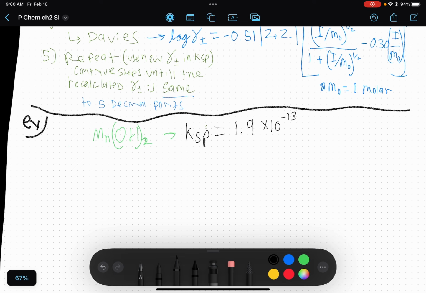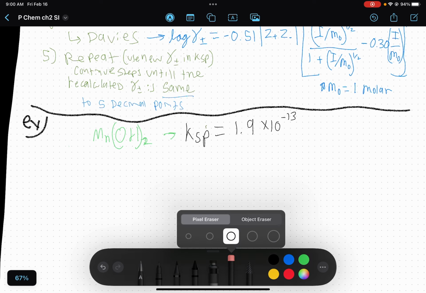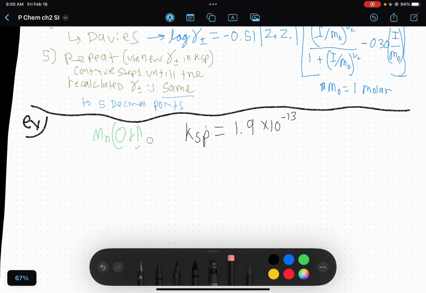And then we're asked to find solubility. Let me rewrite this one too. Mn(OH)2 at 25 degrees Celsius.